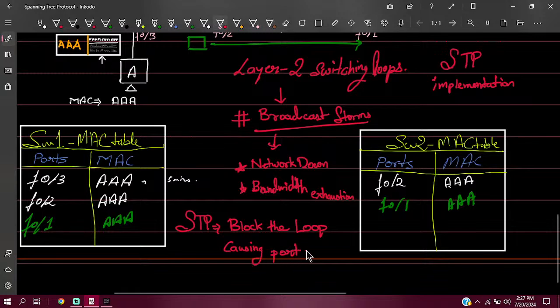So now the question is, how does spanning tree block the loop-causing port? अब हमें ये देखना होगा कि लूप कॉजिंग पोर्ट जो भी होगा उसको स्पैनिंग ट्री असल में कैसे पहचानता है और कैसे वो उसको ब्लॉक करता है. That is a thing that we should learn about. I hope this much is clear for everyone, and now I'm proceeding ahead, guys.